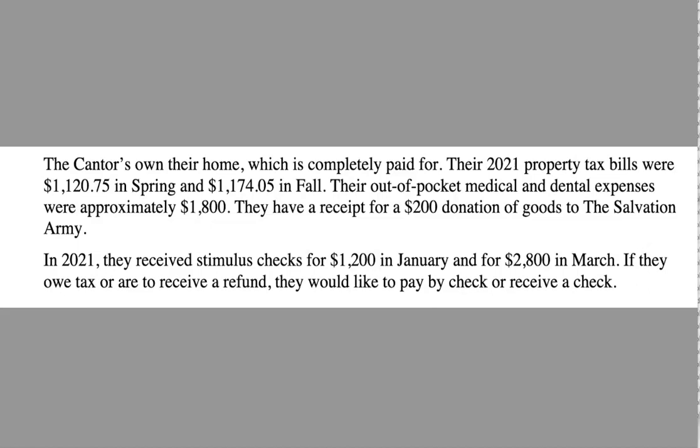That is not something that can be used for the special charitable deduction for 2021. It has to be a payment by check or credit card. As far as the stimulus payments go, they got $2,800 in March. That's 2 times $1,400. That needs to be entered into TaxSlayer.